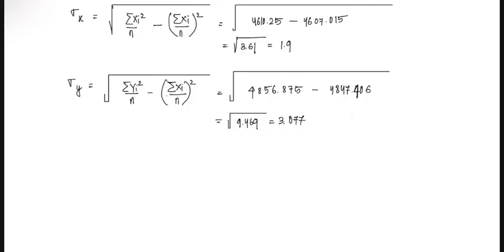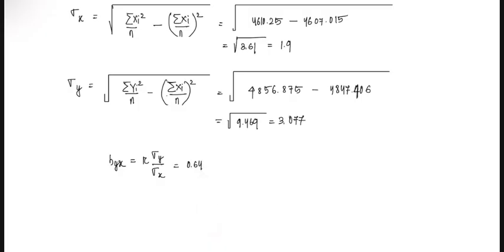Okay, I think we got the thing. So slope of y on x is r sigma y by sigma x.